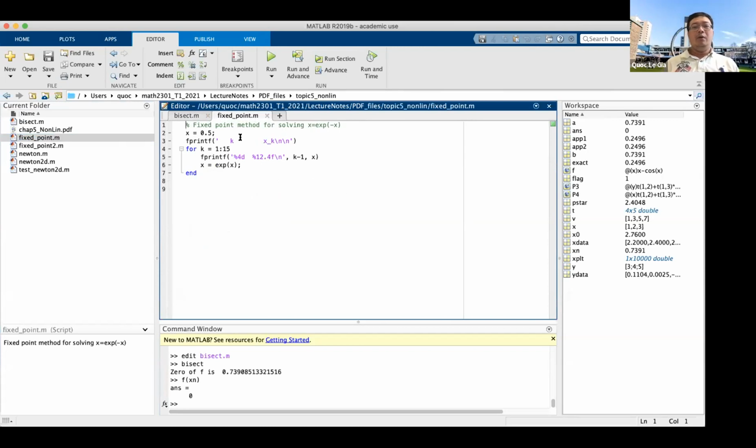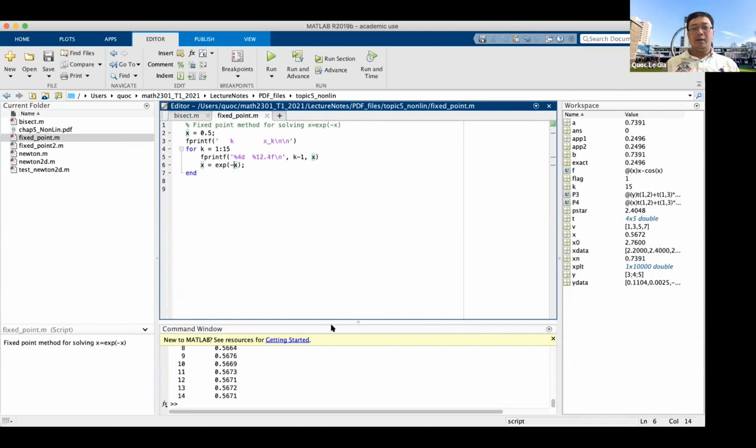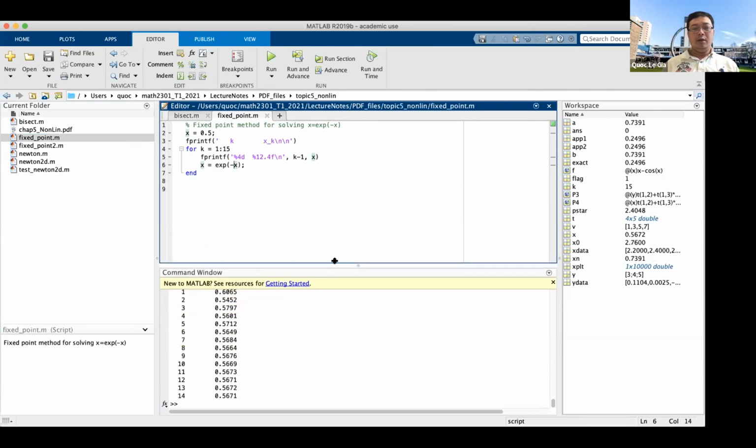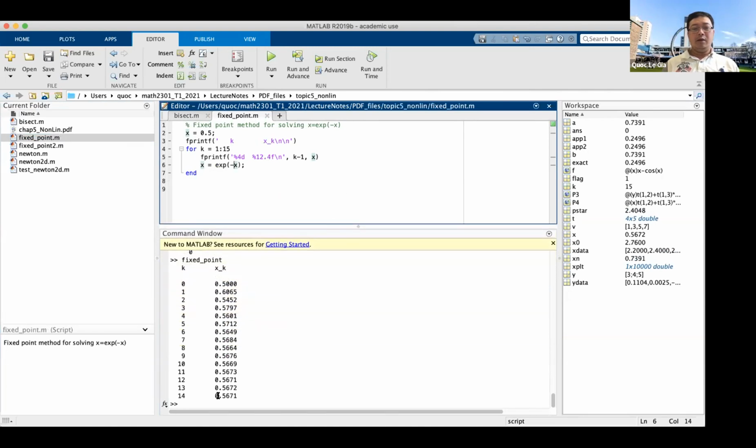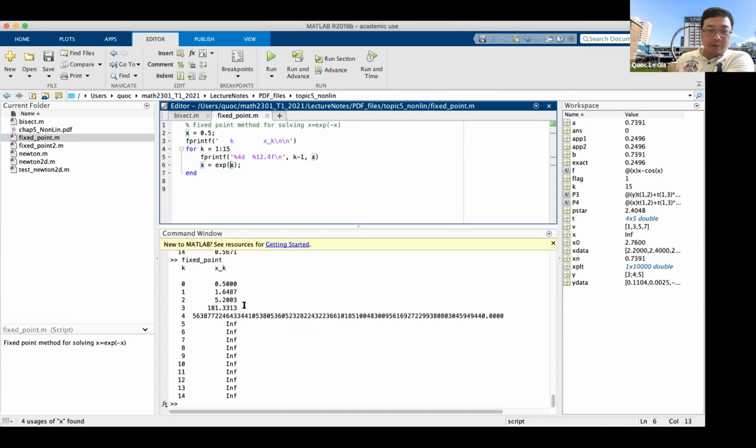Now remember, if I put e to the minus x here and run it, then after 15 iterations you see that it stays at 0.56. But now, instead of minus x, I put plus x and I run it. You see, it blows up. After 4 iterations, it blows up to infinity.